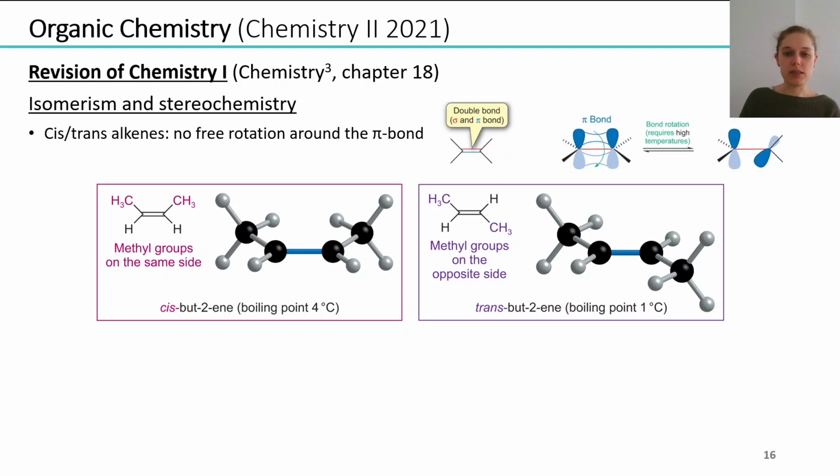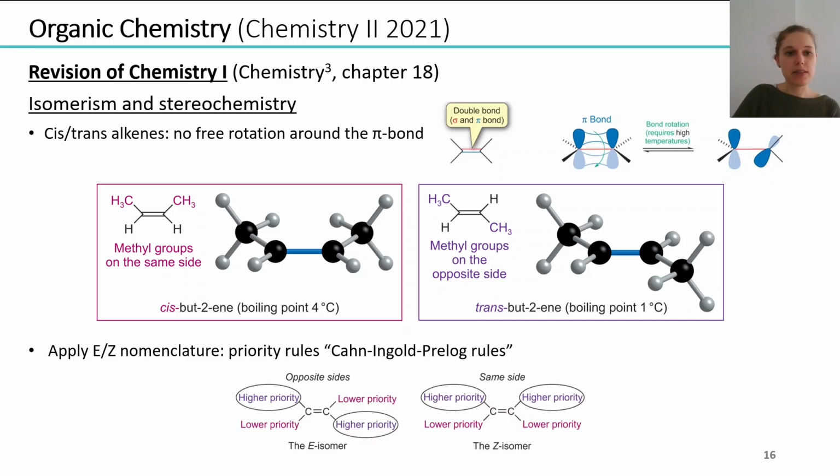Now you might be a bit confused. So we have cis and trans and E and Z. It is so that we now prefer to stick to the E/Z nomenclature, but cis and trans is also still okay. If we have the CIP rules, then we always start by looking at the carbon-carbon double bond.